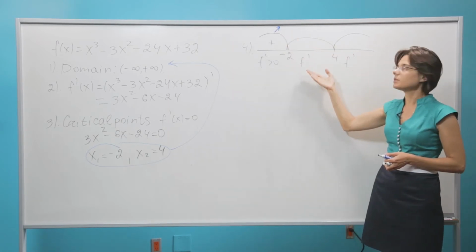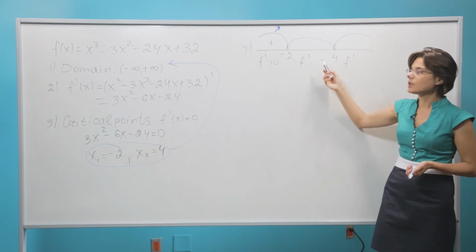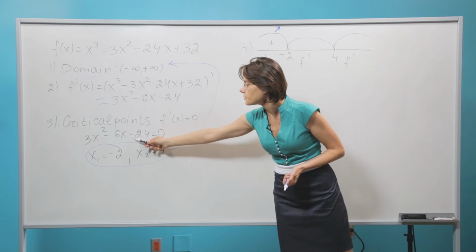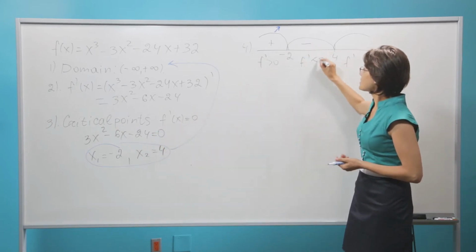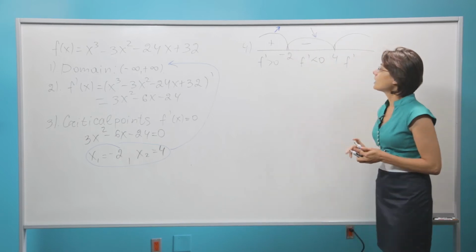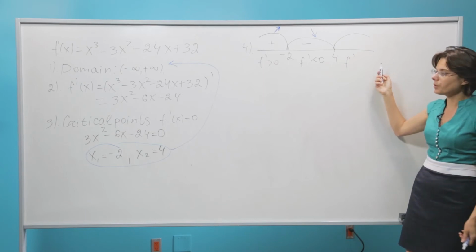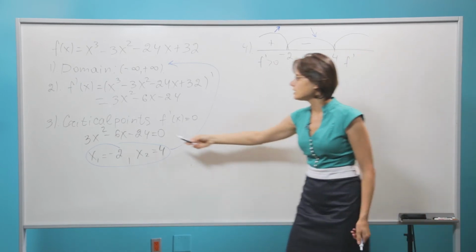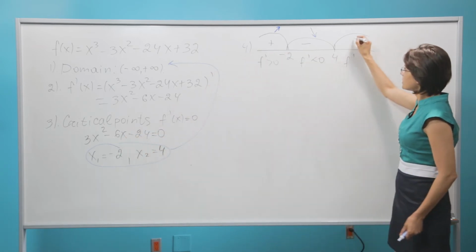Now, the next subinterval, minus 2 to 4. The easiest point to take is 0. If you plug 0 into the first derivative, you can see it's negative. The first derivative is negative, so the function is decreasing. And the last subinterval, 4 to positive infinity. Again, pick any point, say 10, plug it into the first derivative, and you can see that it's positive.